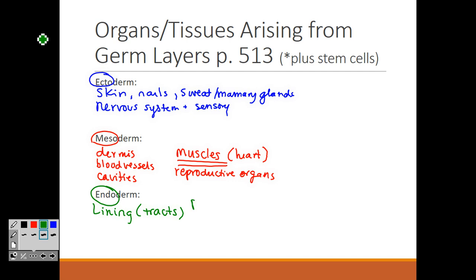A lot of digestive organs come from the endoderm. So it mentions specifically liver, pancreas as coming there. And a lot of structures that are in your throat come from the endoderm. So if you look at the list, it mentions thymus, tonsils, parathyroid, thyroid.